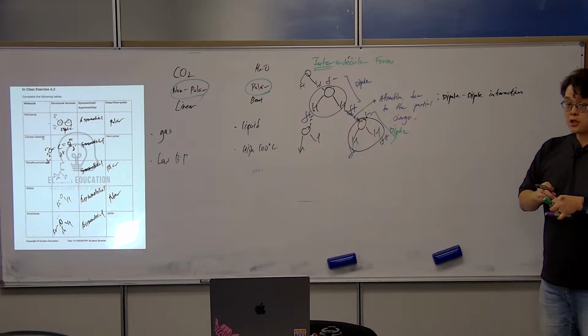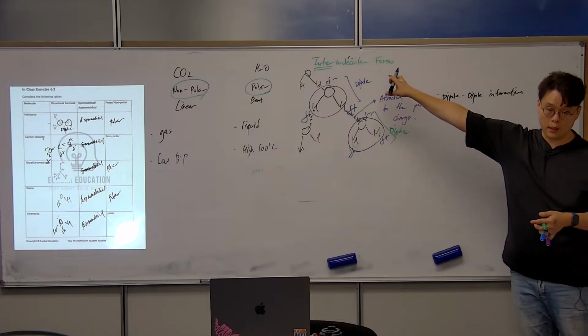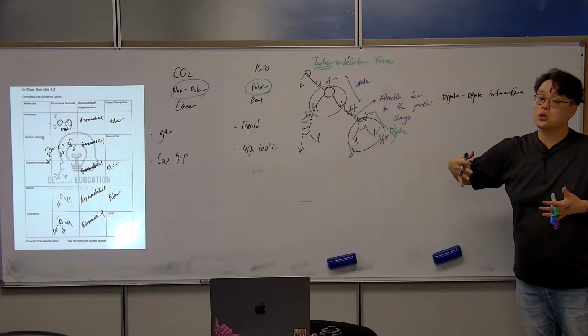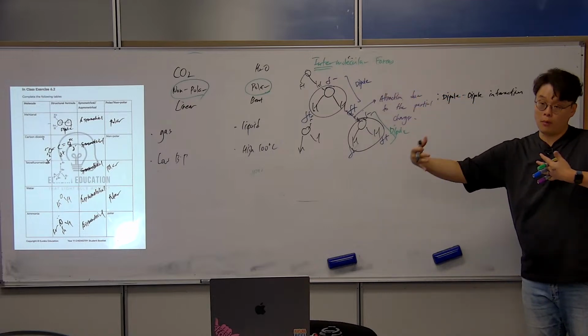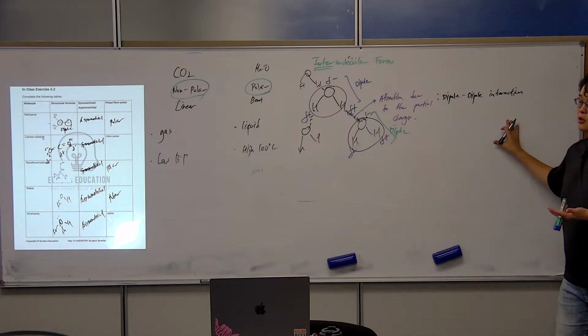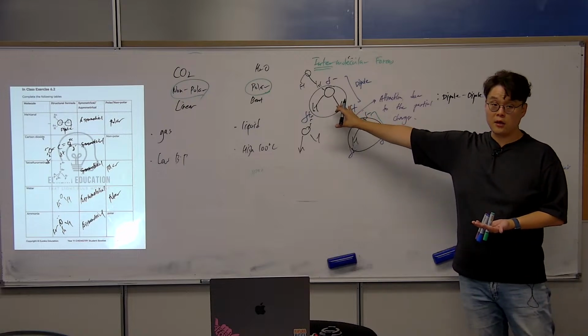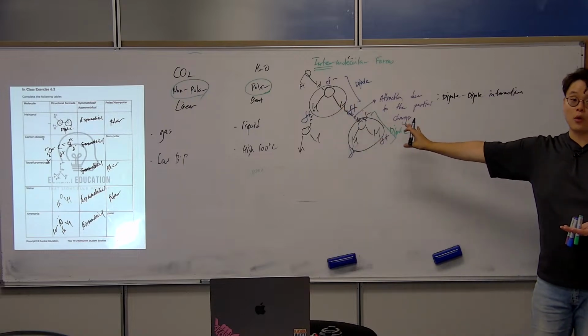Dipole-dipole interaction. This means I'm now talking about intermolecular forces, in between two or more molecules. But what makes the dipole-dipole interaction? Where should we start from? We should start from the electronegativity, therefore forming polar covalent bonding.